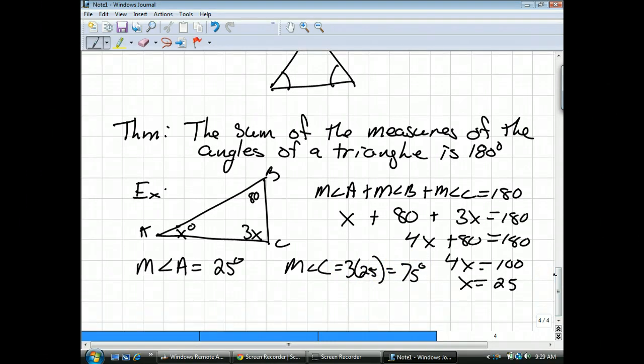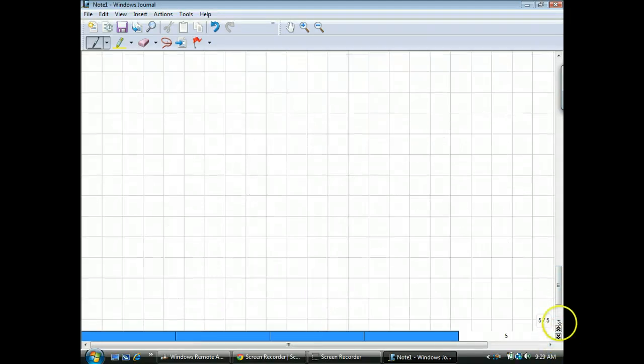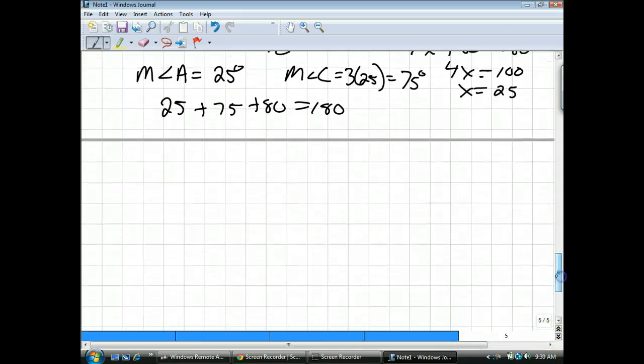Okay? And those do add up to 180. 25 plus 75 plus 80 equals 180. Okay?